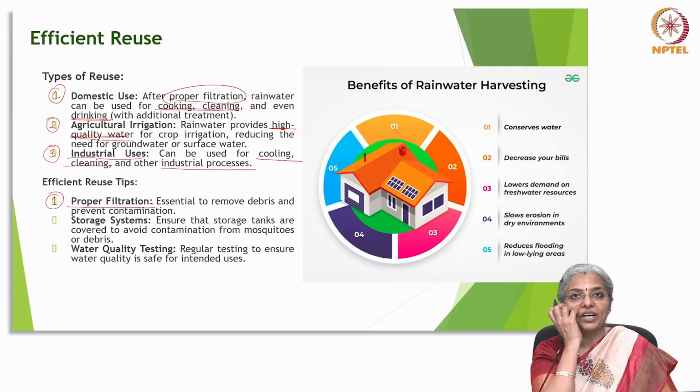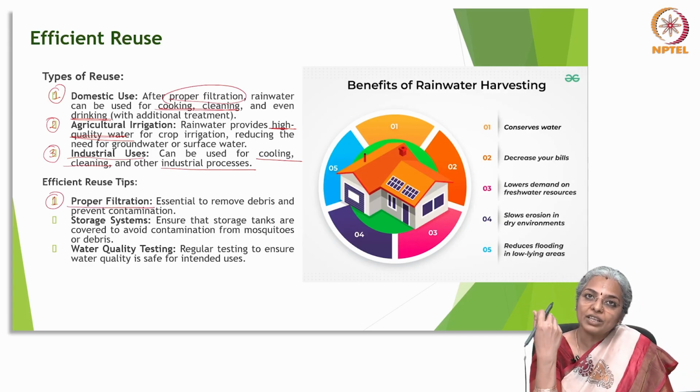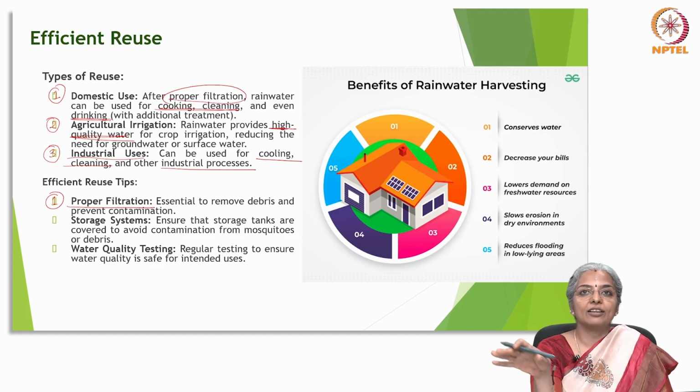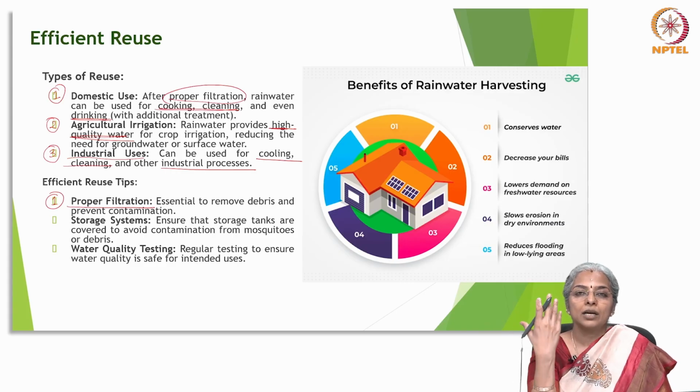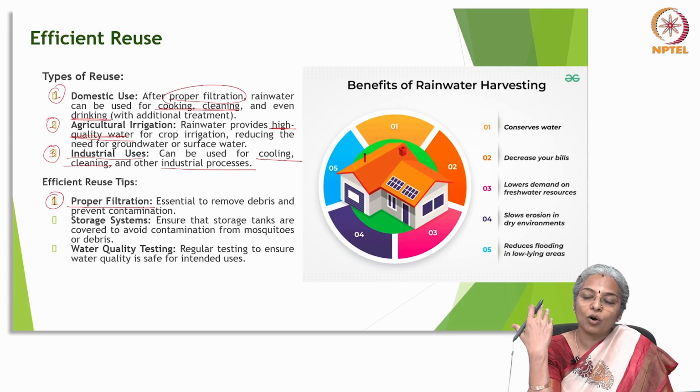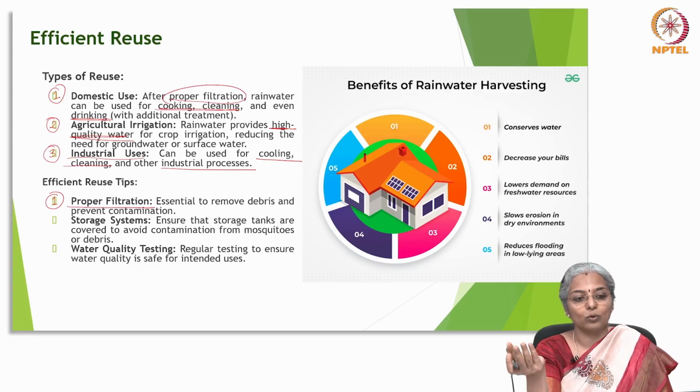This is very important. I would say leave out the first rainwater. Don't collect the first rainwater. All the suspended particles in the air which get dissolved in this water, or the surface on which it falls, all of that gets washed away and you will subsequently get clean water.